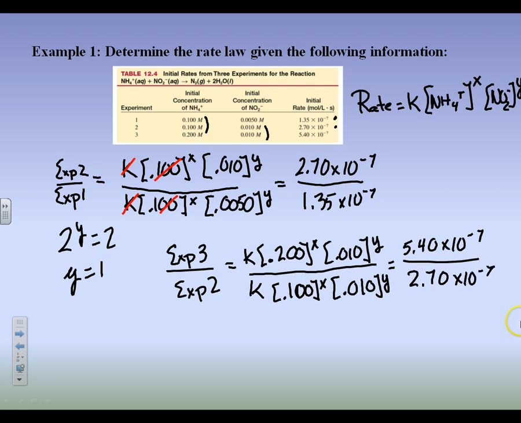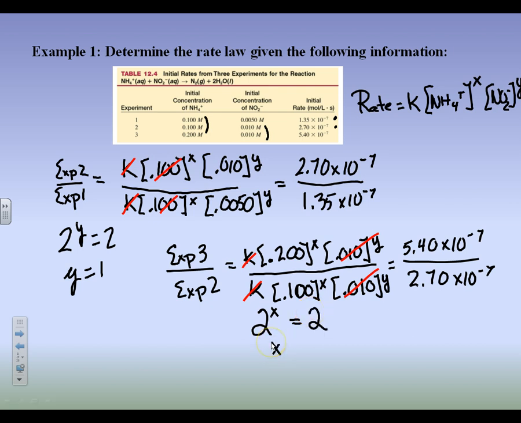Okay, so now you want to look for stuff that cancels out. Your k's should cancel out, so you're good there. My y's are canceling out, so we're good there. And now your math is a whole lot simpler. If we look at this, 0.2 divided by 0.1 gives me 2 to the x. 5.4 divided by 2.7 is also 2.